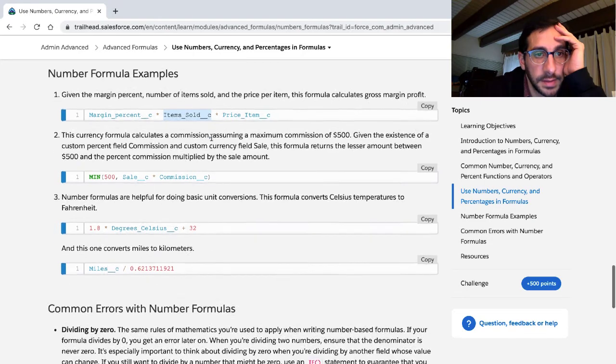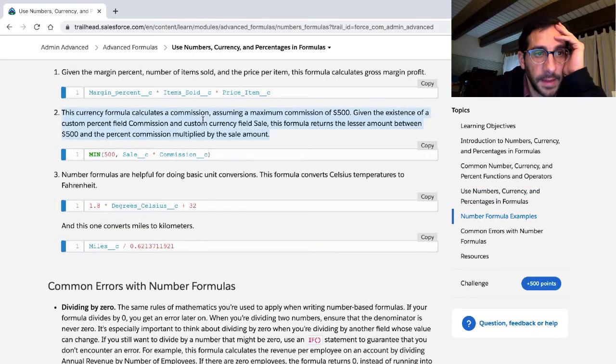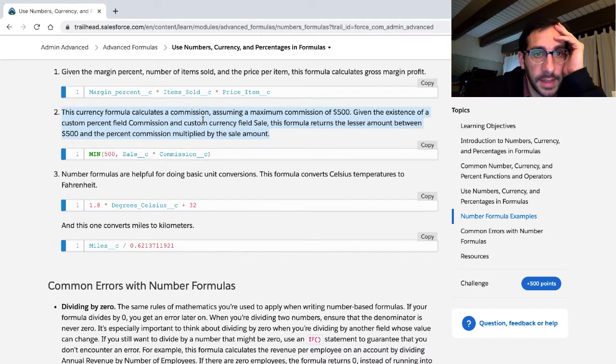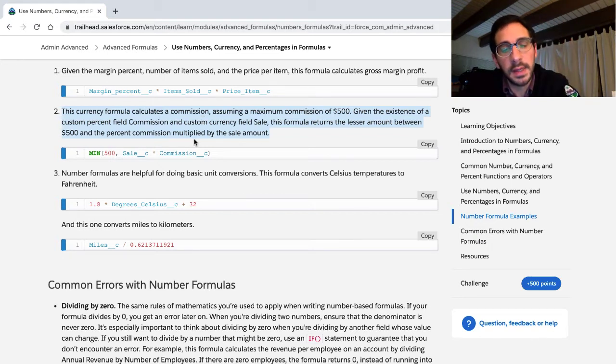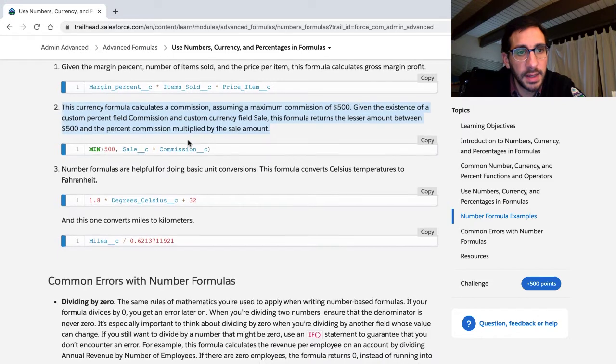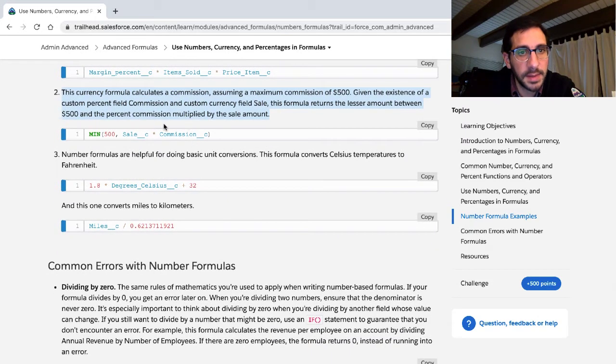Okay, this currency formula calculates a commission, assuming a max commission of 500. Given the existence of a custom percent field commission and custom currency field sale, this formula returns the lesser amount between 500 and the percent commission multiplied by the sale amount. So min, pick the smallest one of 500, or the sale times the commission rate.